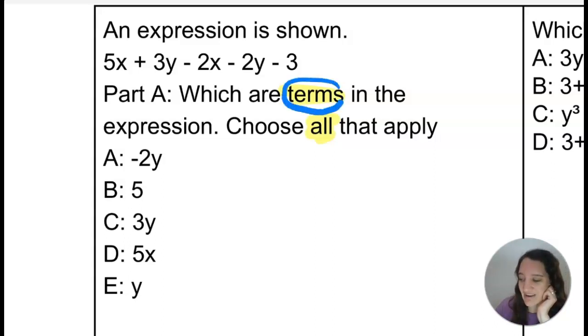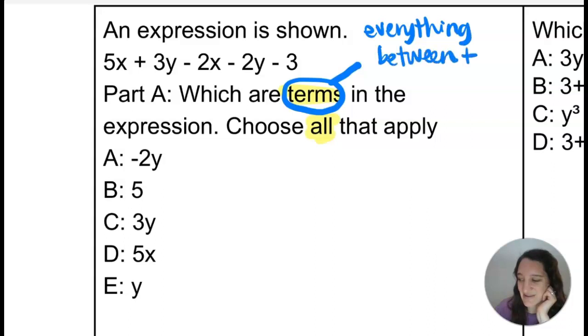Terms are everything between pluses and minuses. Do you remember that? Do you remember how I taught you how to figure out what a term is? Underline, and then once you get to a plus or minus, stop.